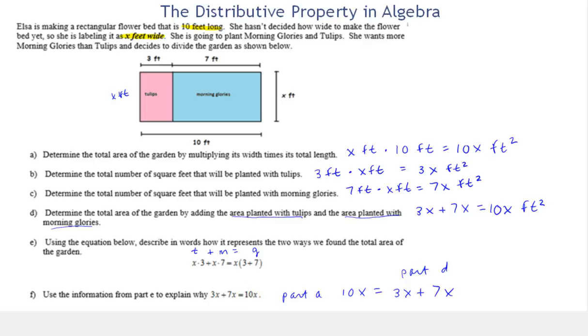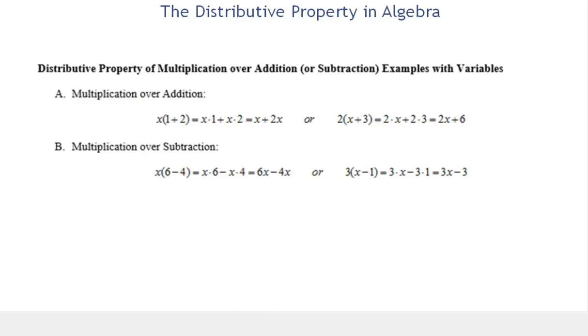So here's why this is going to be very important in algebra. There are 2 ways we're going to need this. Here we have multiplication over addition. If we want to multiply x times 1 plus 2, we could think of this as x times 1 plus x times 2, which equals x plus 2x. Notice we're going to mainly use this in the other direction. x is the same as 1x.